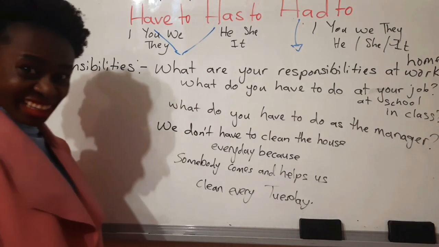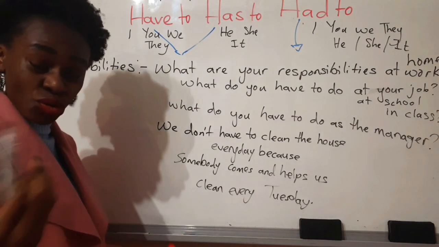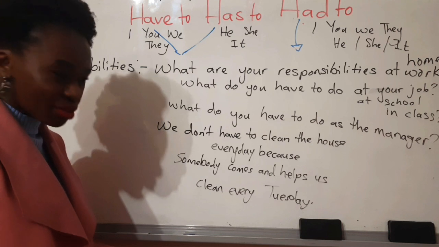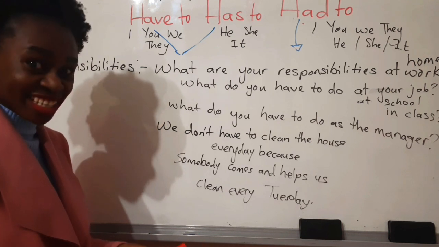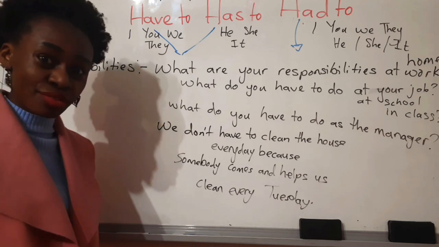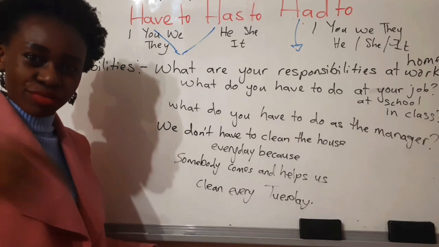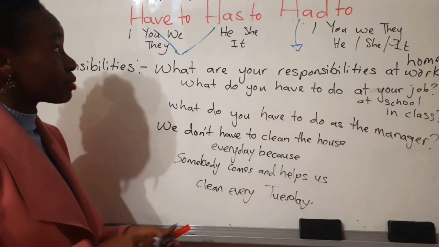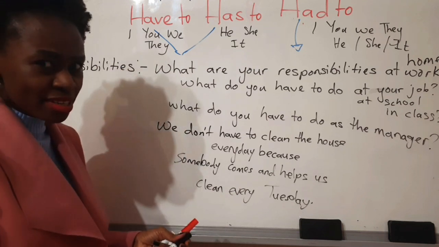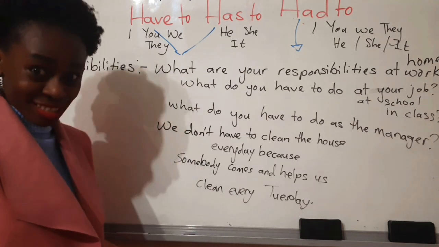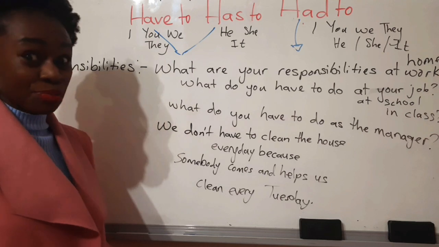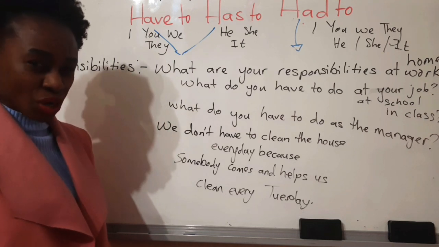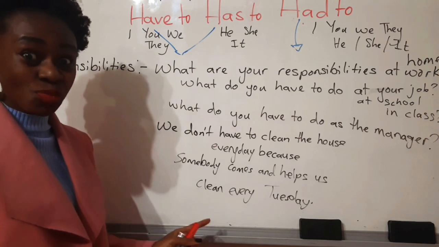So we don't have to clean the house. Do you have to clean the house every day? Do you have to cook every day? No, we don't have to cook every day because we eat from outside or we order food at home. So we don't have to clean, we don't have to cook. But my mom has to prepare breakfast because breakfast is super important.